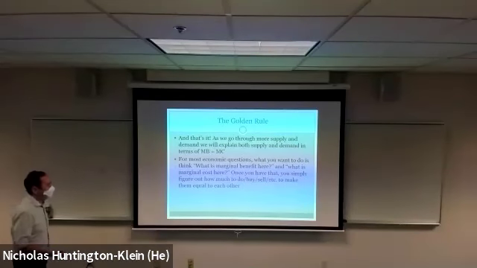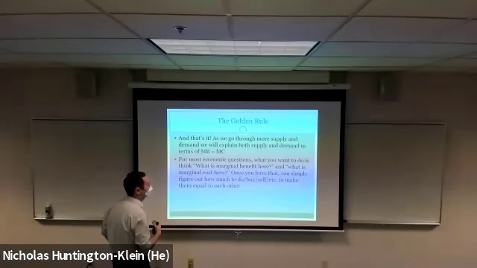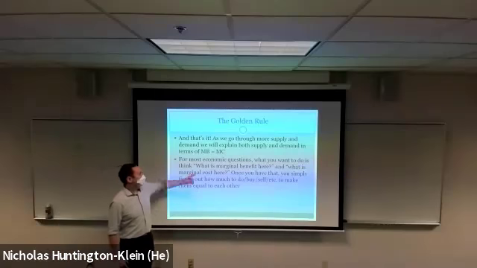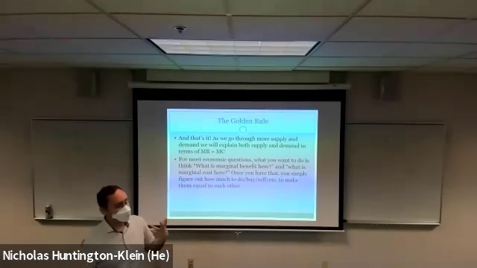As we go through supply and demand, both are going to come down to this exact same equation. Because like I said, basically all of economics comes down to this one equation, right? Suppliers are trying to set marginal benefit equal to marginal cost. That's what they're trying to do. Consumers are also trying to set marginal benefit equal to marginal cost.